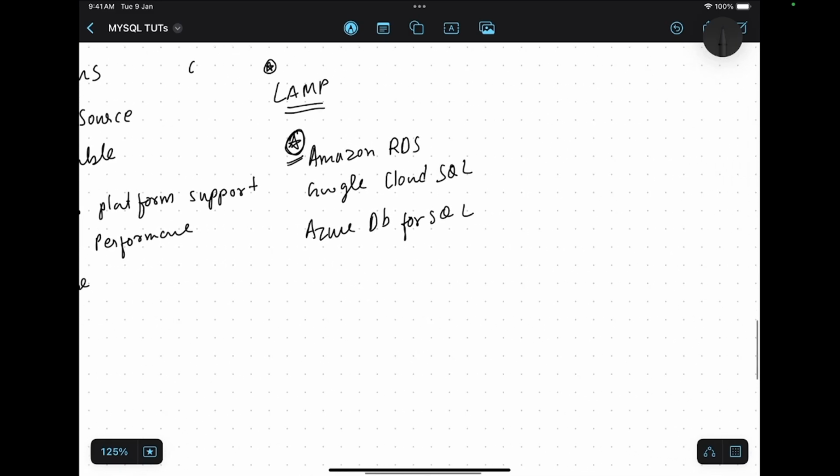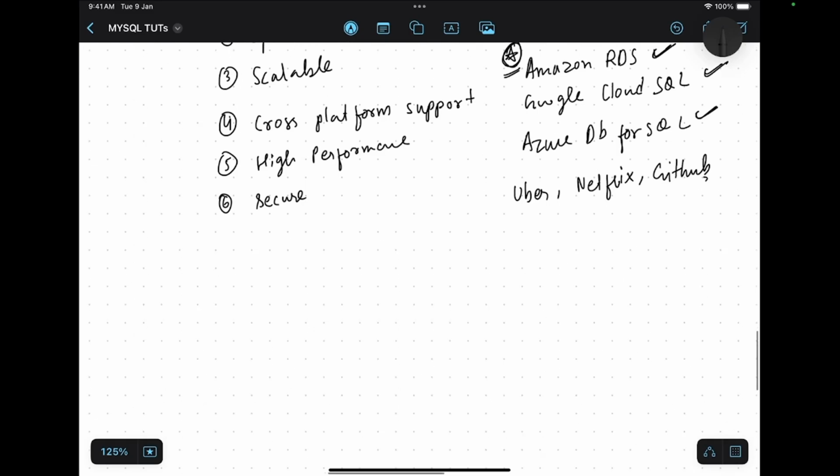So there is cloud support by Amazon, Google, and Azure, which are the three tech giants, so it's good to learn it. There are a lot of companies which use it, like Uber, Netflix, GitHub. I think if they are still using it, it's quite relevant, and you should be learning how to use it.